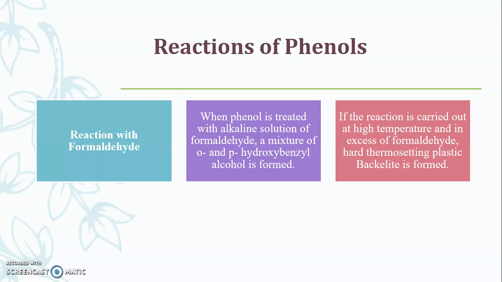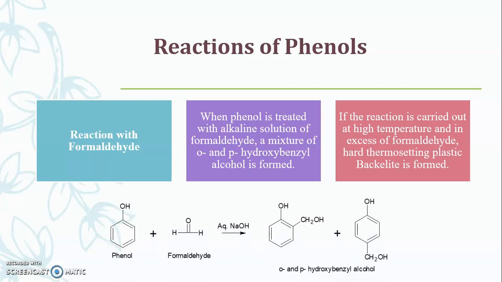If this reaction is carried out at high temperature and in excess of formaldehyde, a hard thermosetting plastic is obtained, which is known as bakelite. So this bakelite is generally used for the preparation of polymers.